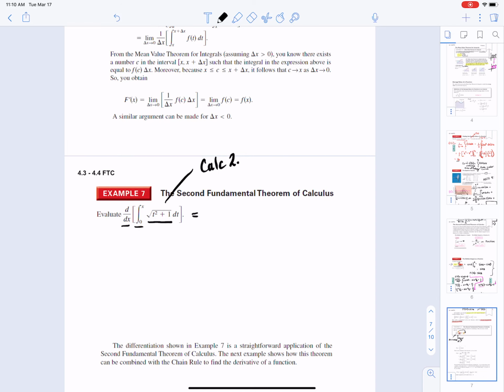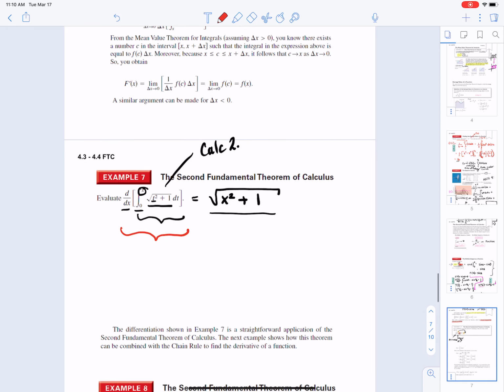Using the second fundamental theorem of calculus, and also just knowing that a derivative and an integral cancel each other out, all I'm going to do is take the function. I'd get x squared, so instead of using a t, I use the top value subbed in, x squared plus 1, and that would be my final answer. This would represent doing an integral first, getting an answer, and then actually taking the derivative of that answer.